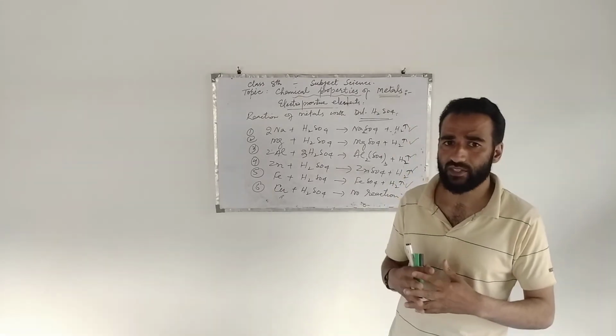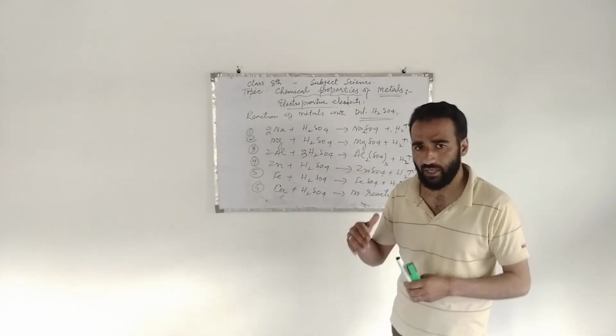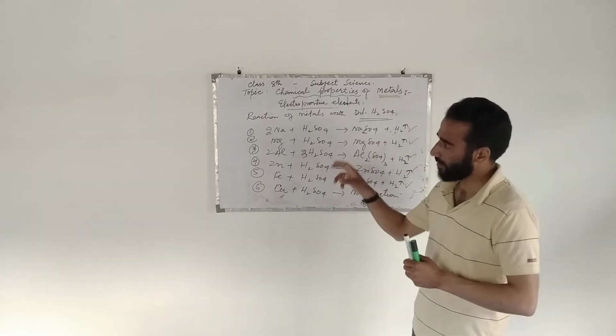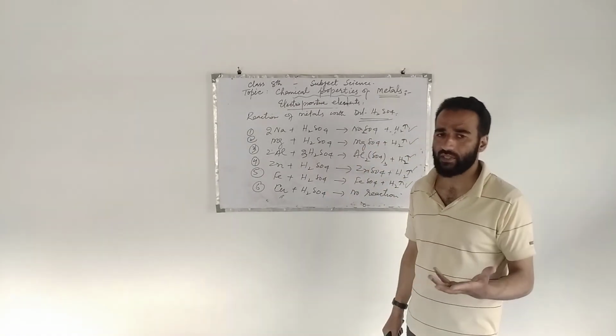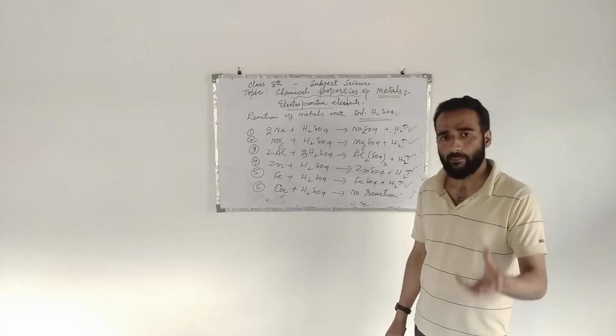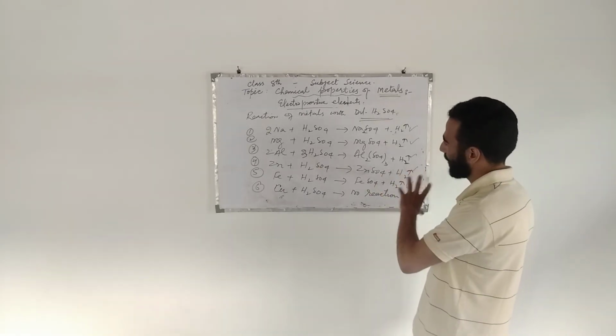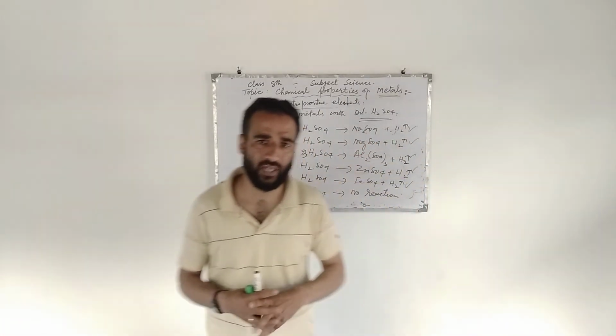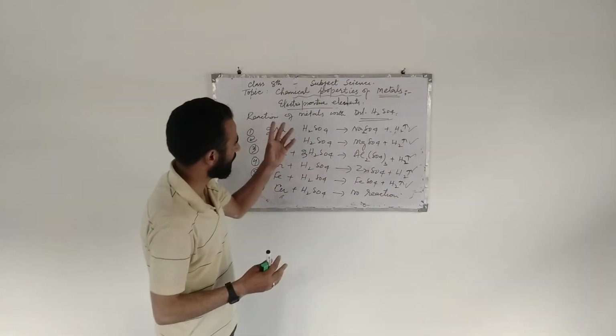When metals combine with water, they form metal hydroxides plus hydrogen gas. And when metals combine with dilute acids, they form the metal salt and hydrogen gas. So these are the three very important chemical properties of metals.